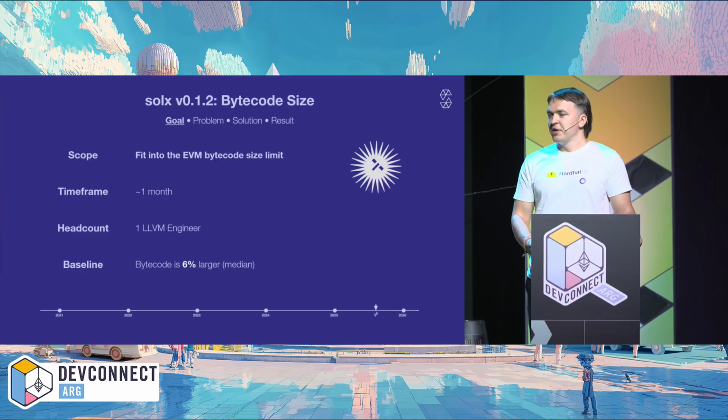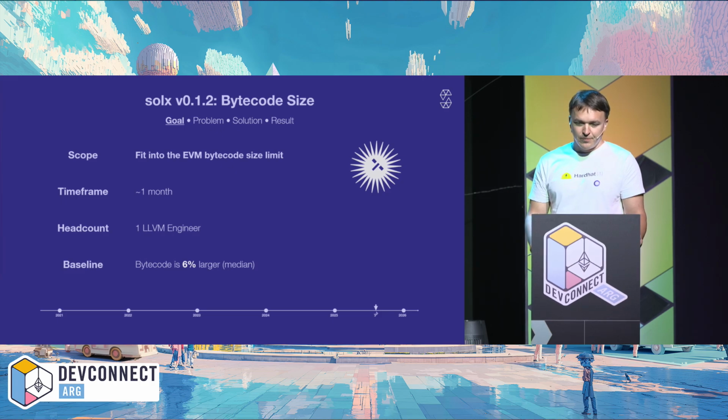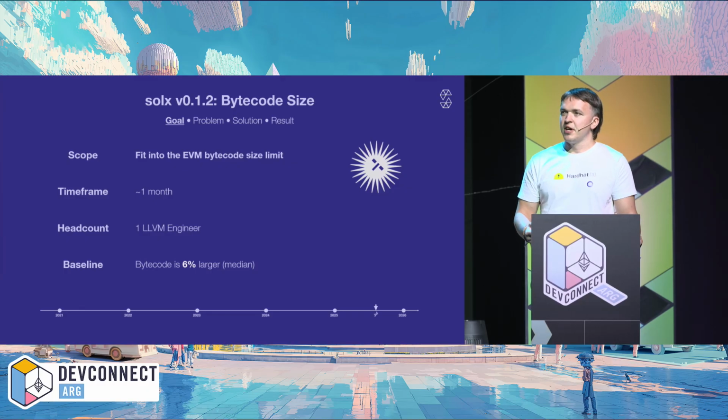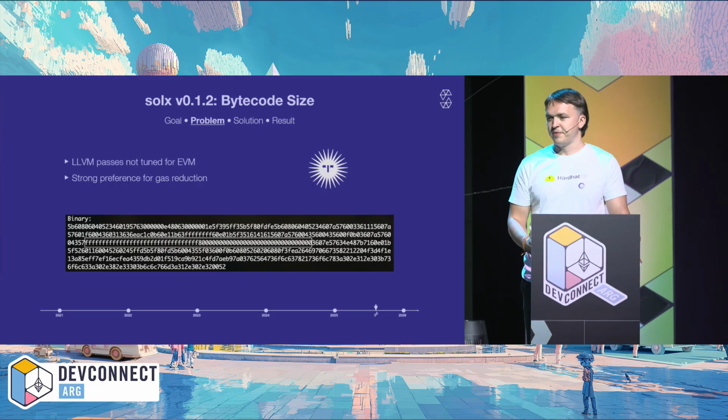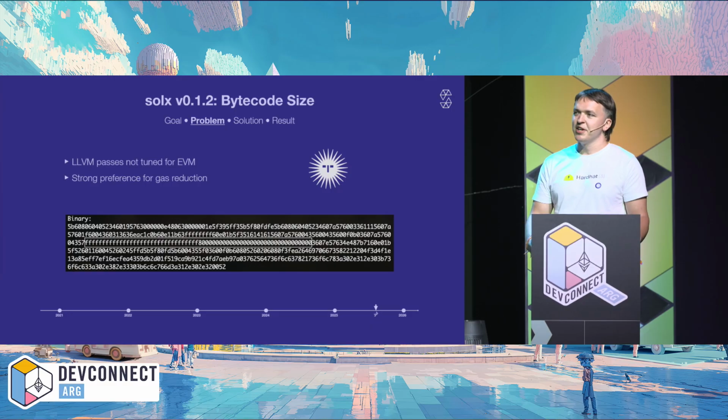And the last problem, the bytecode size. We could not deploy a lot of projects because they just used to exceed the EVM bytecode size limit. The bytecode was 6% larger on median, but some contracts were 50% larger. So we investigated what was going on, and we still had those chunks of zeros and Fs in our bytecode.